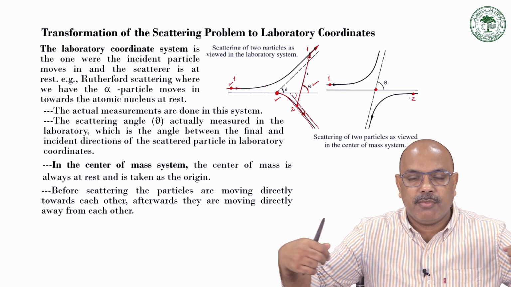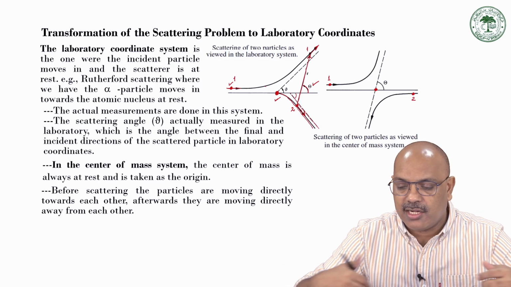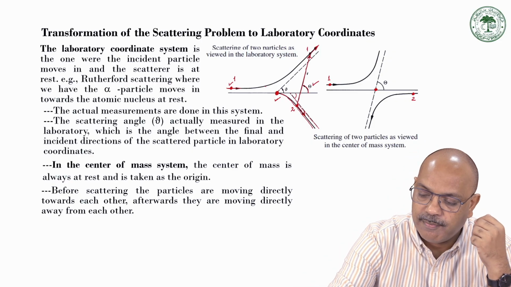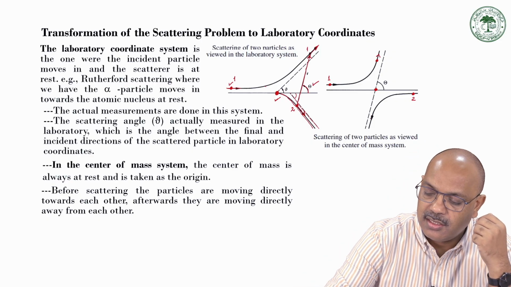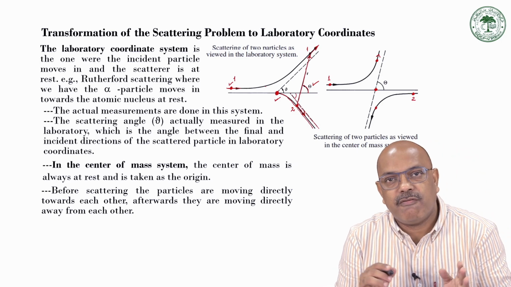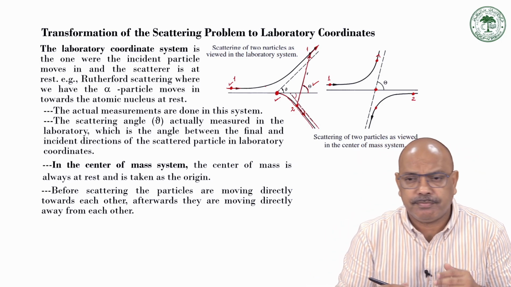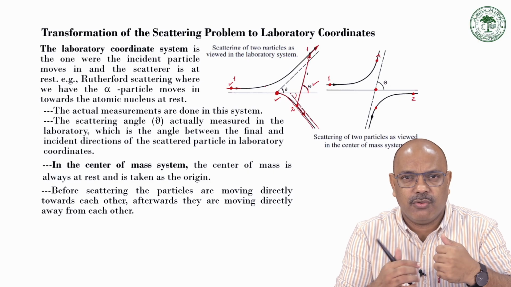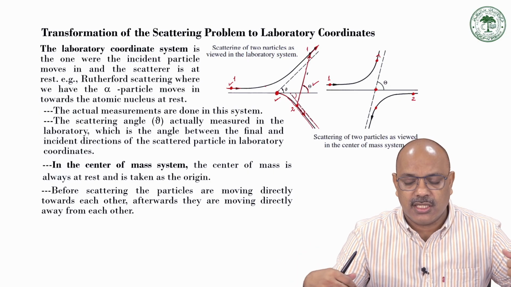They are coming opposite to each other, and then they scatter, and one goes in this direction and the second particle goes in that direction. So total momentum in the center of mass frame is going to be 0, because these two particles have to go back to back in the center of mass frame.